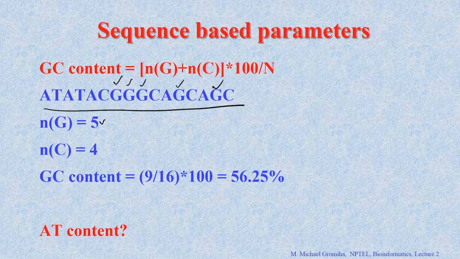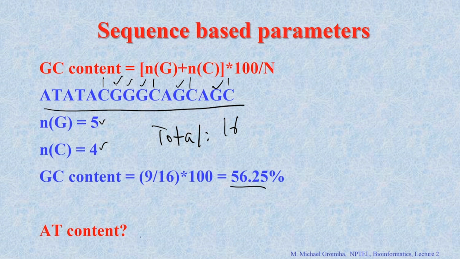Then the number of C's: 1, 2, 3, 4, the number of C equals 4. Now, what is the total number? 6, 7, 8, 9, 10, 11, 12, 13, 14, 15, 16, so 16. So, GC content you can calculate: out of 16, how many are G and C, this is equal to 5 plus 4, 9. So, 9 by 16 into 100, this is equal to 56.25%.